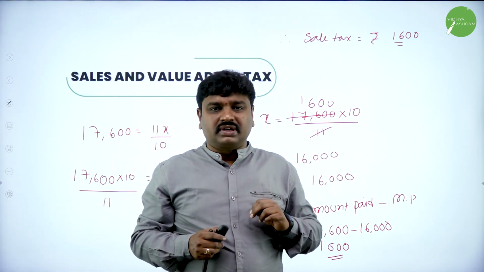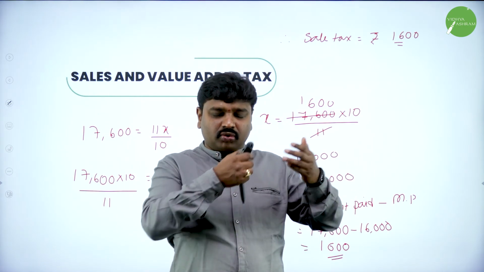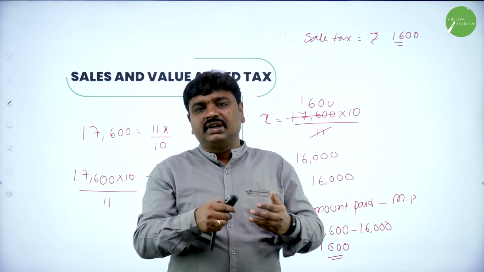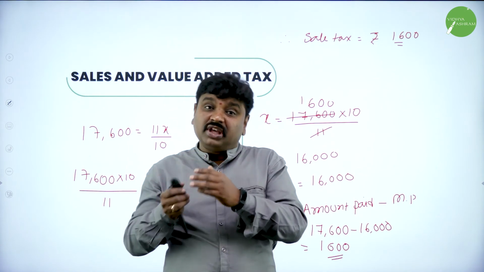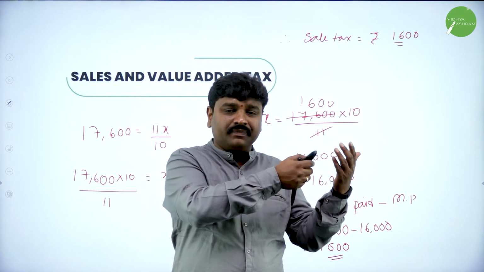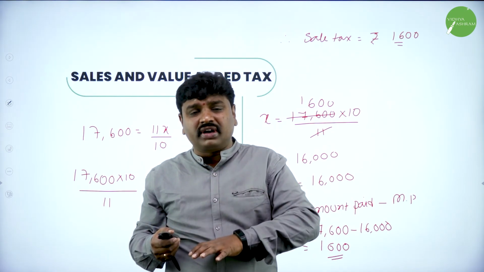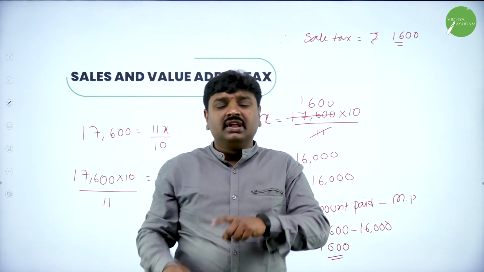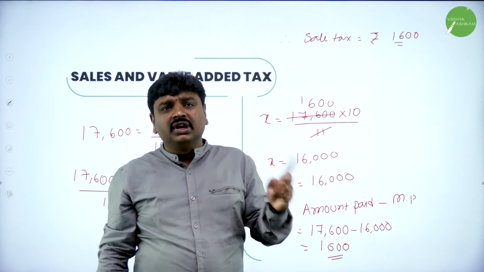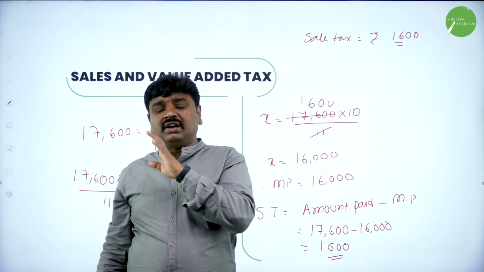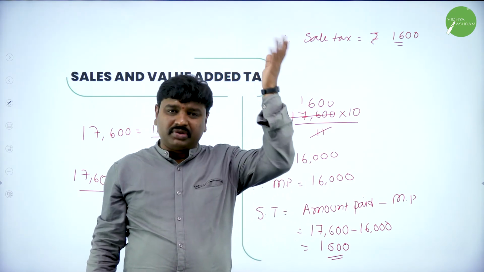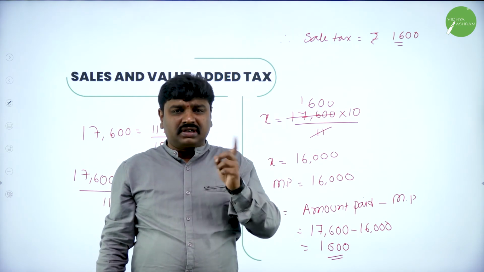Two cases were there. The shopkeeper purchases from the wholesaler and sells to the customer. The shopkeeper pays his tax to the government, collects the tax from the buyer, deducts the amount he paid, and deposits the remaining again. Finally, indirectly the total VAT paid by the final buyer is the VAT deposited. But it is done in two stages.